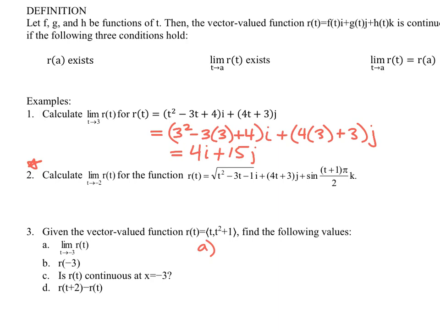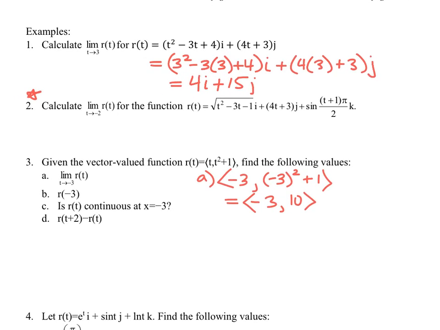So we're going to find the limit as t approaches -3 of r of t, which is just plug and chug. So -3, comma, -3 squared plus 1. So -3, 10. Now, independent of the concept of a limit, I'm going to just evaluate the function r of -3.